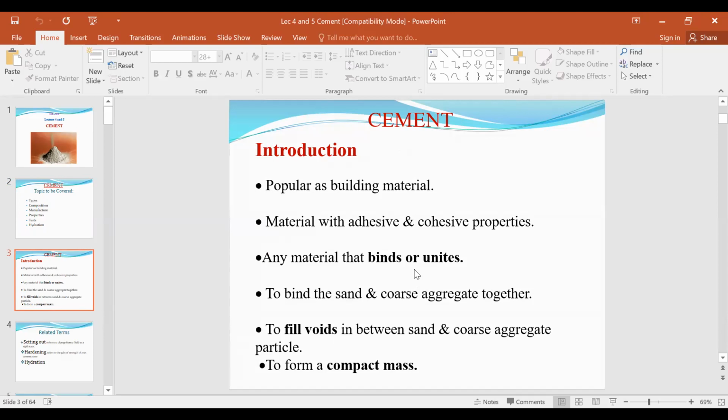Can anyone say what the difference between adhesion and cohesion is? What is adhesion and what is cohesion? Anyone from the class? None?